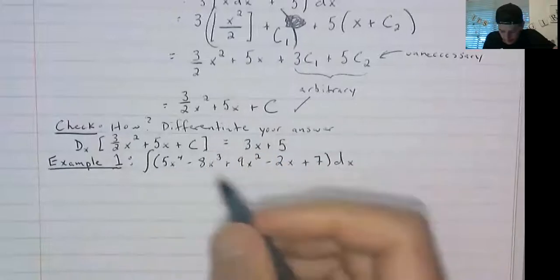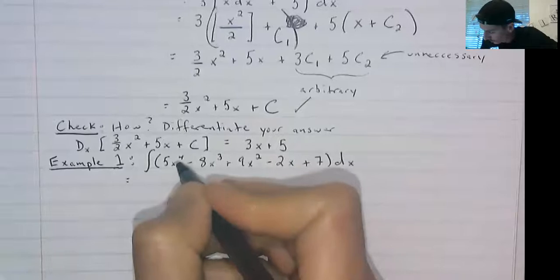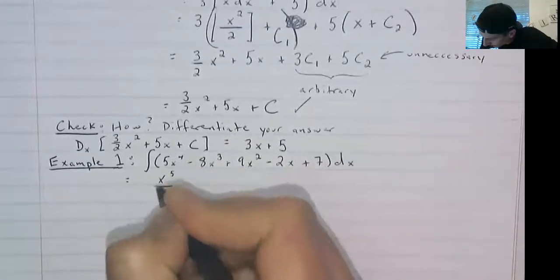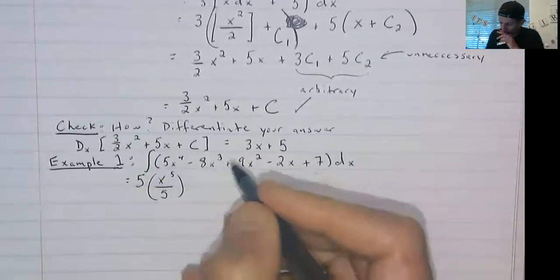We're not going to do what we did up here and break this apart. We're just going to go piece by piece and do it. So this turns into, well, we know that this is going to be x to the 5th over 5. But can't forget the constant out front. Okay.